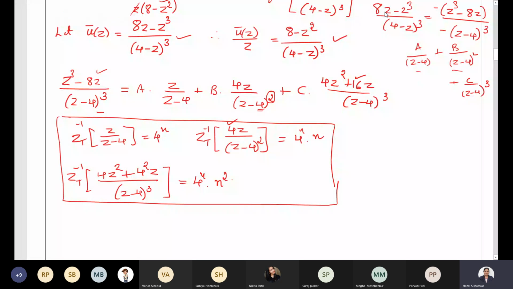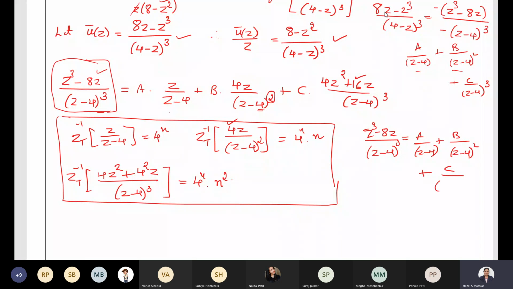That's why we have split this entire term as a into z by z minus 4, because we need to write z cube minus 8z by z minus 4 whole cube as a by z minus 4 plus b divided by z minus 4 whole square plus c divided by z minus 4 whole cube.